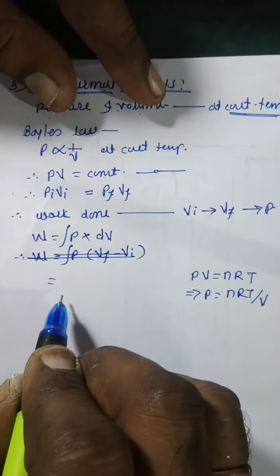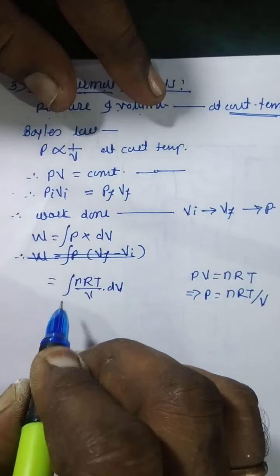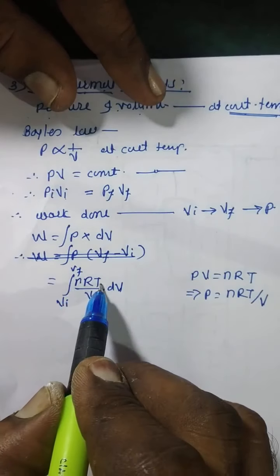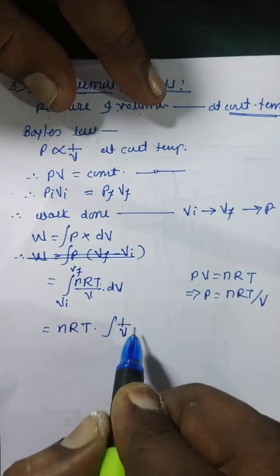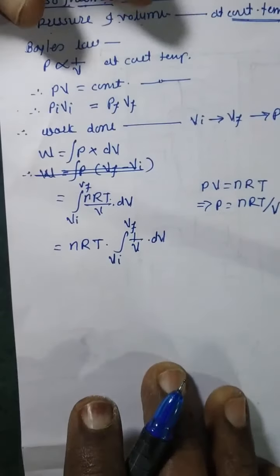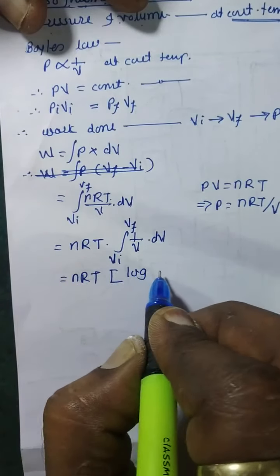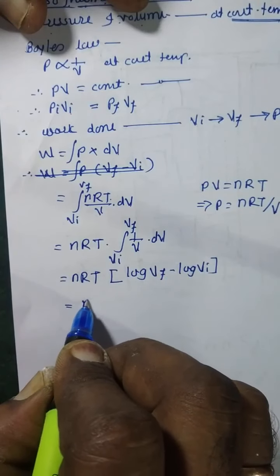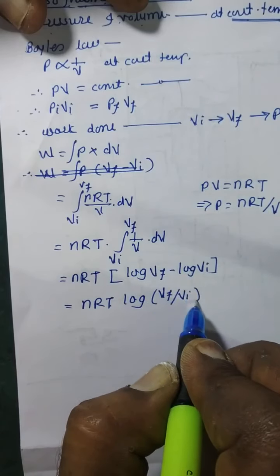Put this value here, we get the integration of nRT divided by V into dV, and volume changes from Vi to Vf. Take the constant terms outside the integration, which is equal to nRT integration of 1 by V into dV from initial volume Vi to final volume Vf, which is equal to nRT into bracket log of Vf minus log of Vi, which is nothing but nRT log of Vf divided by Vi.